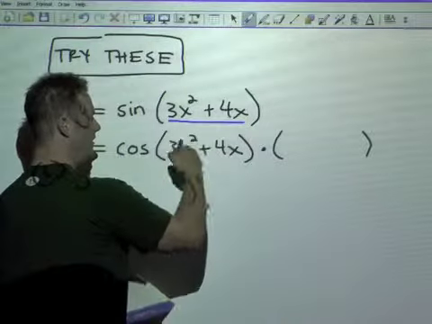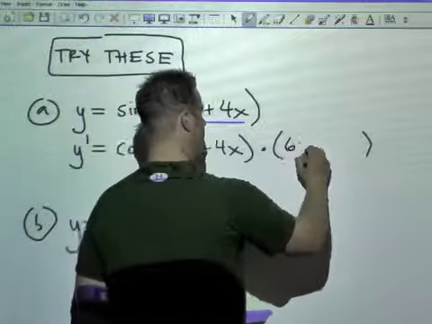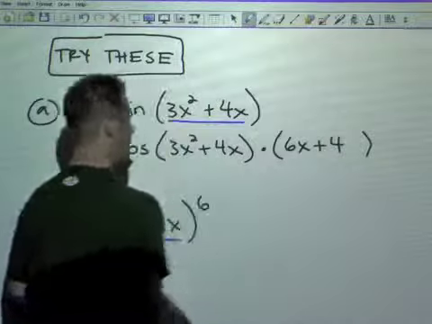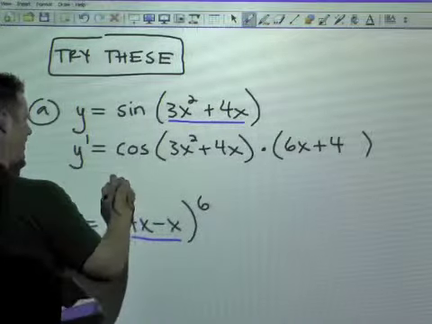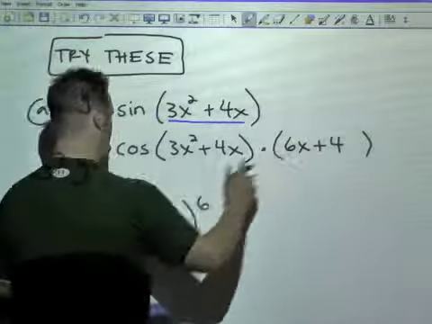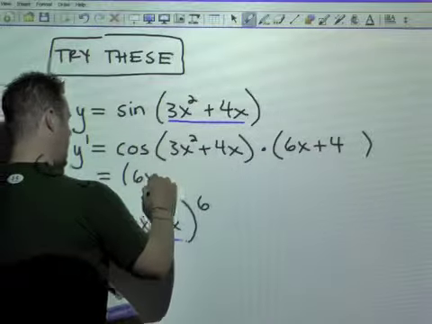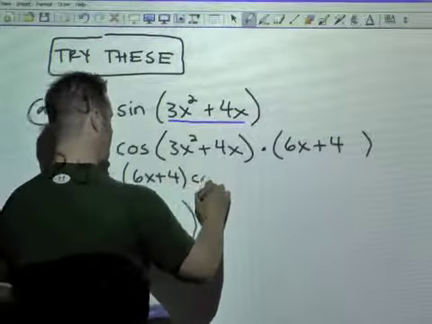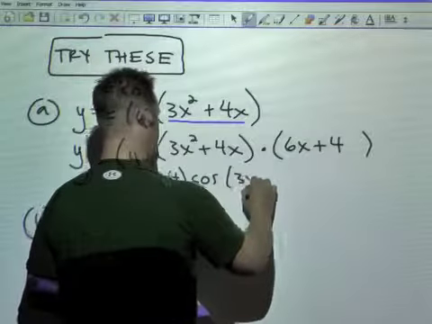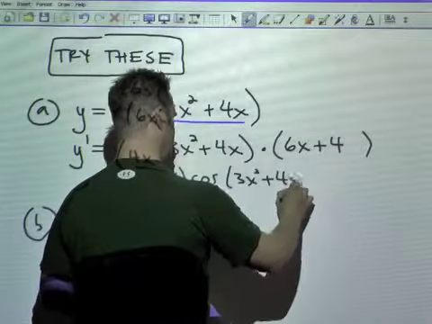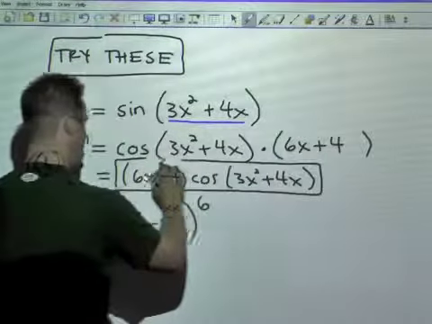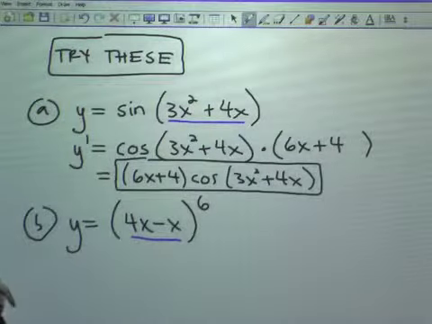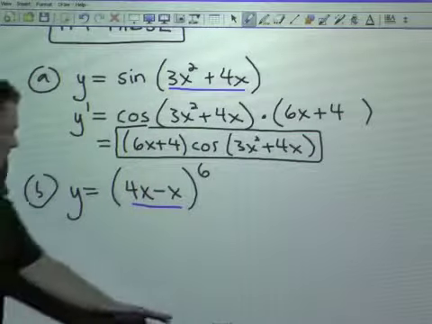So the derivative of the inside function, 6x plus 4. There's not much to do to simplify that one. I would probably write that in front, but that's not a big deal. You can leave it at the end if you want to. That's pretty much all we can do. So that's the derivative of that first example.